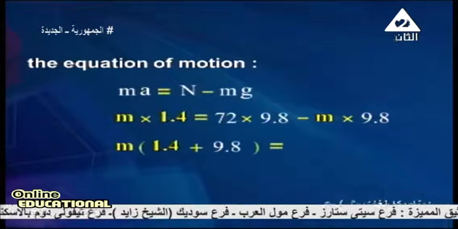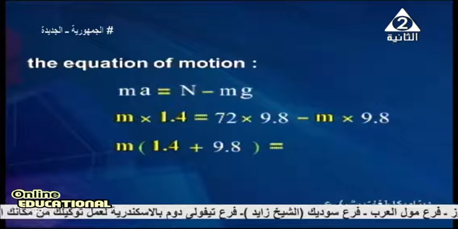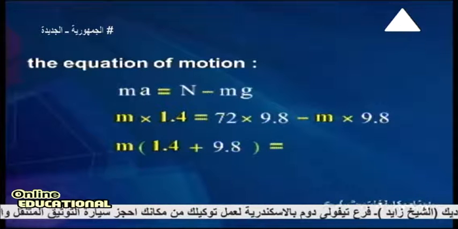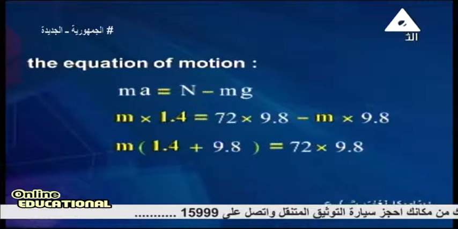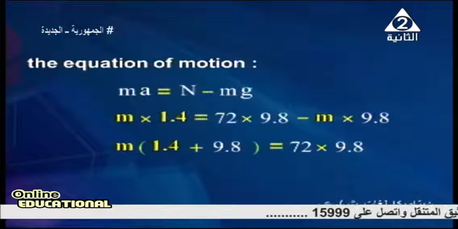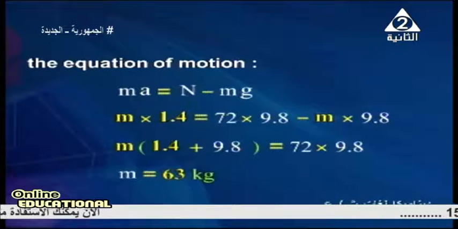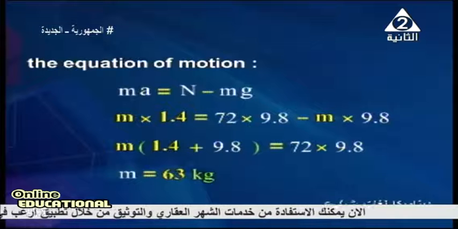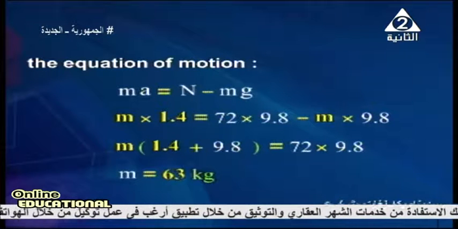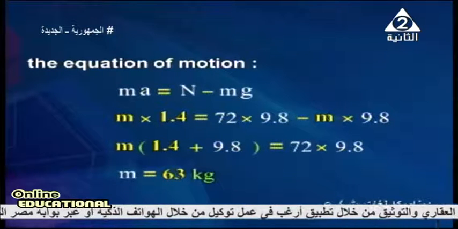Then M multiply 1.4 plus 9.8 equals 72 times 9.8. Then 11.2 M equals 72 times 9.8, and the mass M equals 63 kilogram.